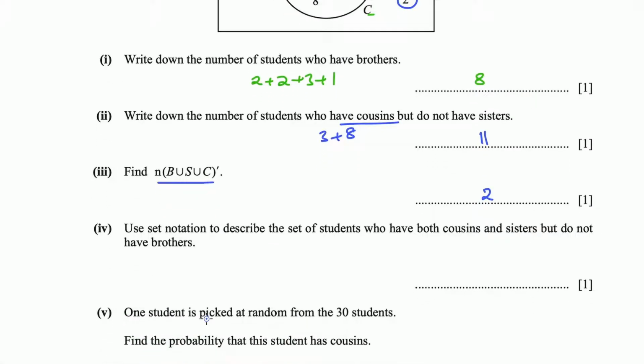Now, use set notation to describe the set of students who have both cousins and sisters but not brothers. They have cousins, so C. They have sisters, so S, but do not have brothers, so B dash. So they satisfy all conditions. And so this is the intersection part. So C intersection S intersection B dash.